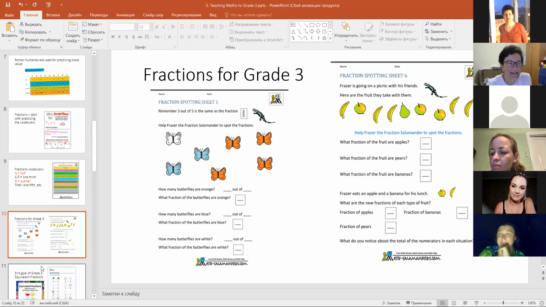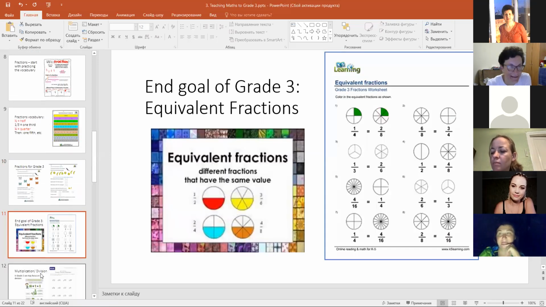So, and again, like what Anya thinks about it, because I take Anya's expertise for granted, and she says that for grade 3, we shouldn't do many math operations with fractions.